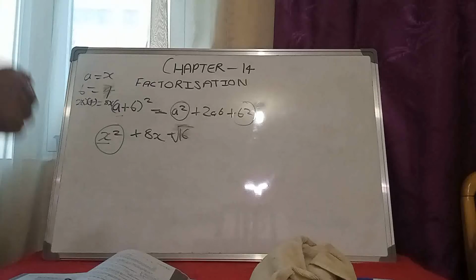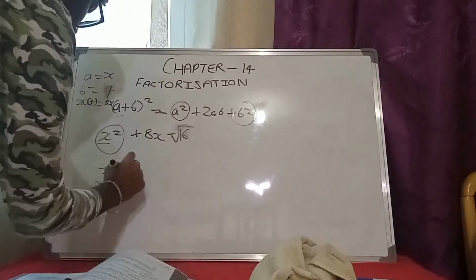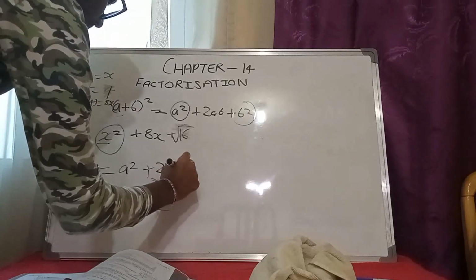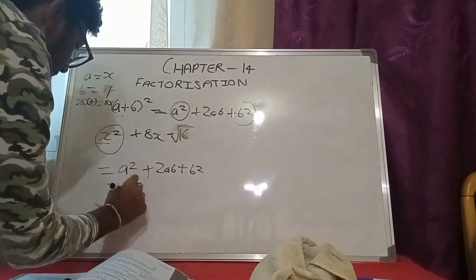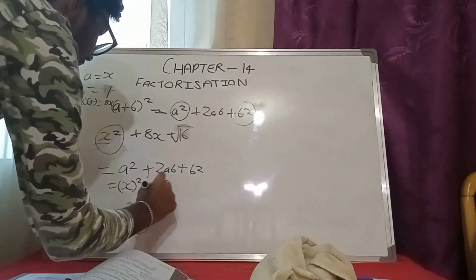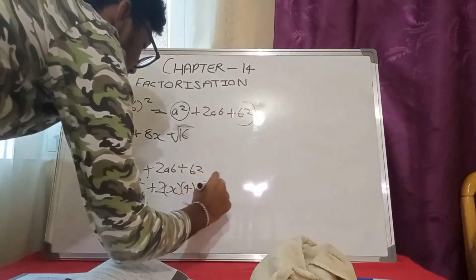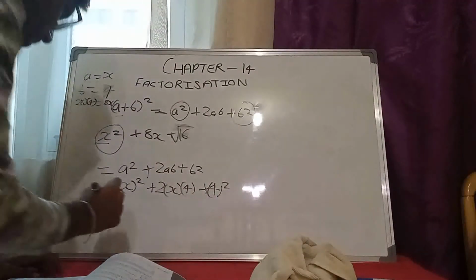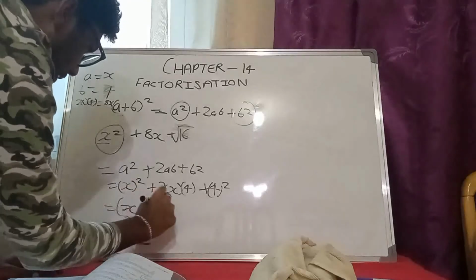So here we get that b is 4 and a is x, so we can solve it as a square plus 2ab plus b square equals x the whole square plus 2 into x into 4 plus 4 square. We have to substitute the values. So after substituting the values, we find that it's x plus 4 the whole square.